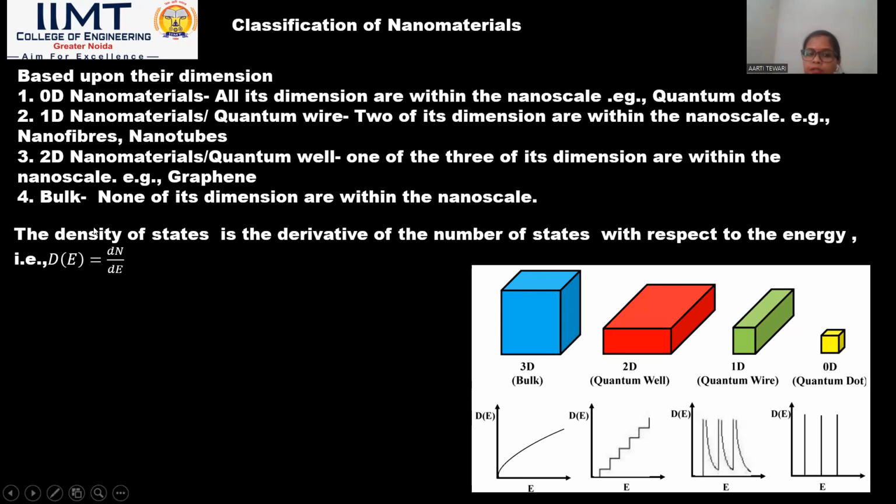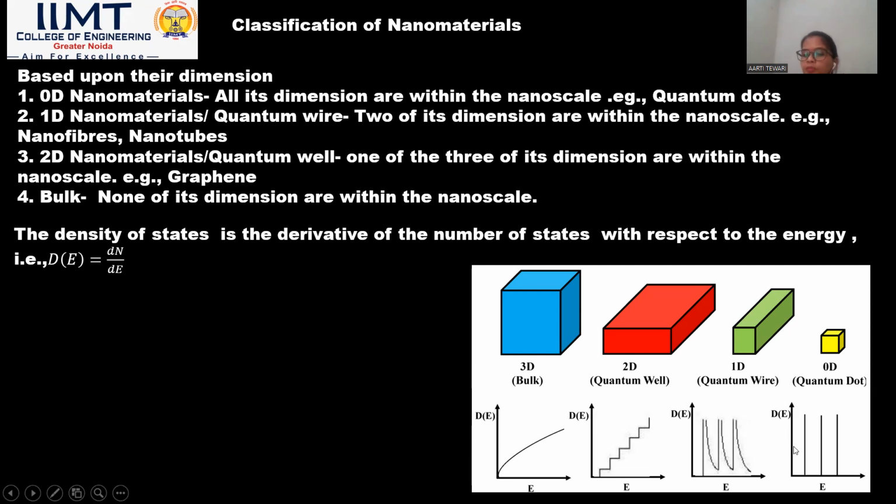So how many levels of energy or states are actually present per unit energy level is what is called the density of states. It's a very famous curve that you are always asked to plot when you talk about classification of nanomaterials: density of states versus energy.